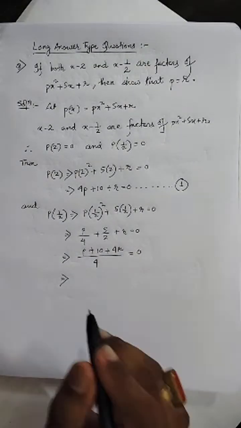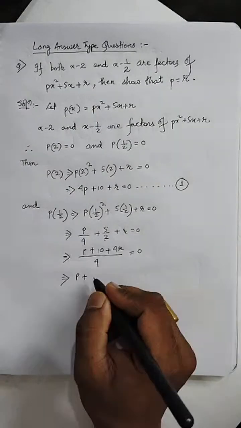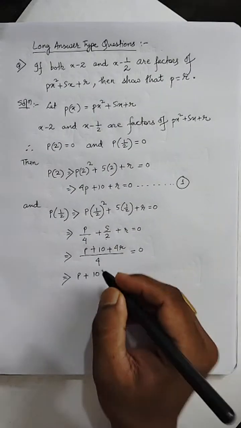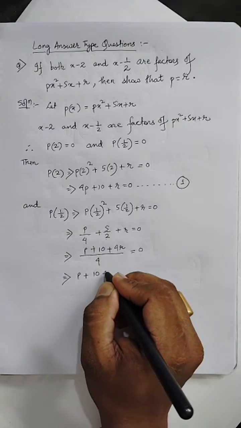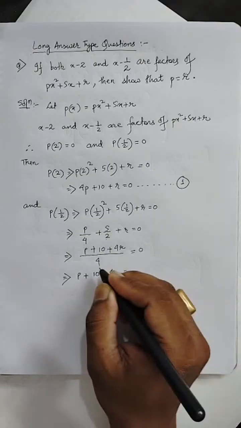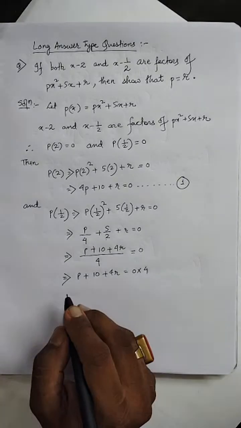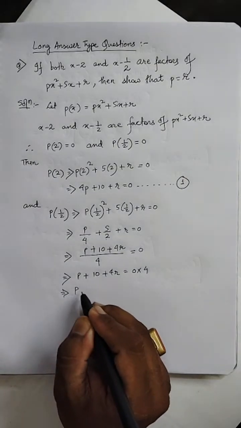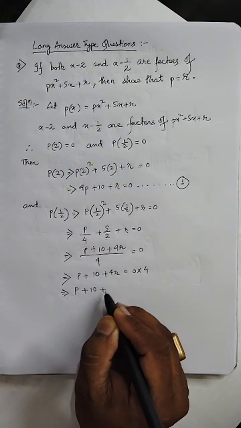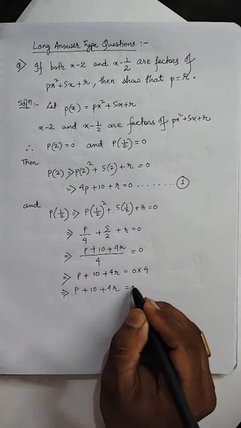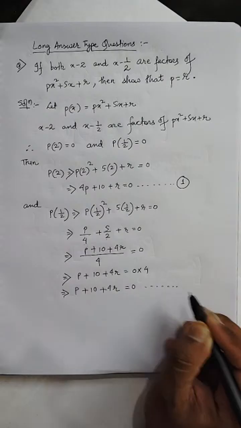So we can transpose this. So p plus 10 plus 4r equals 0 into 4, which will give us 0 again. So p plus 10 plus 4r is equal to 0. So this will make our equation number 2.